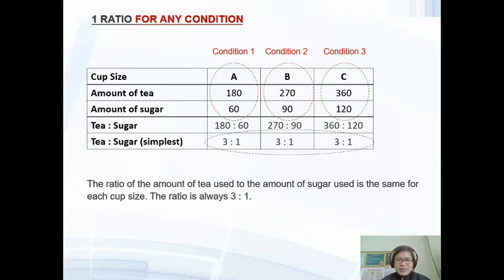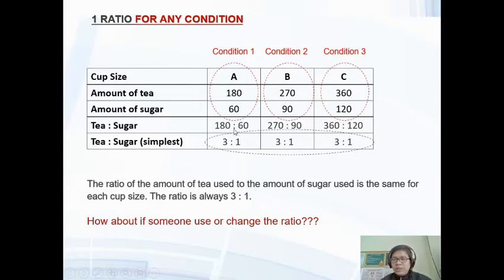That's the point. But the question right now: how about if someone changes the ratio? When we change the ratio, of course the amount of tea or the amount of sugar will be different, right? So what would happen? What do you think? Yes, if we change, let's say we make the 1 over here become greater, let's say 3 to 4, what will happen?